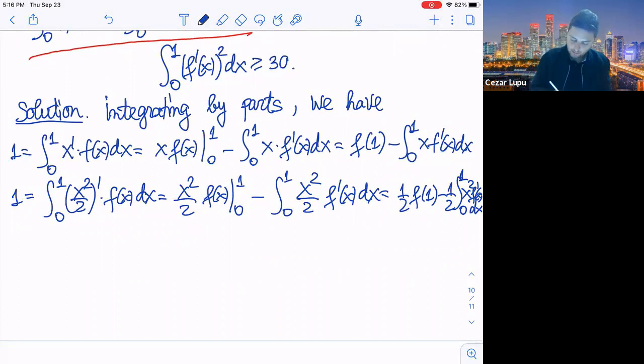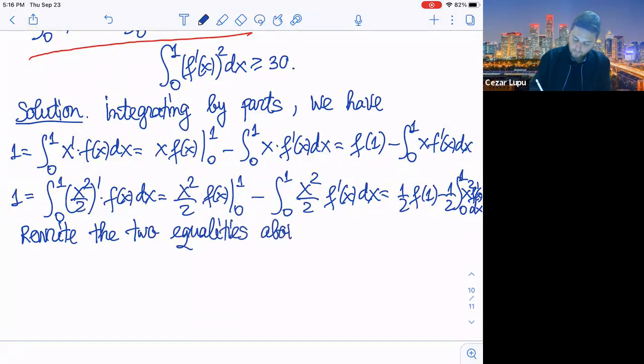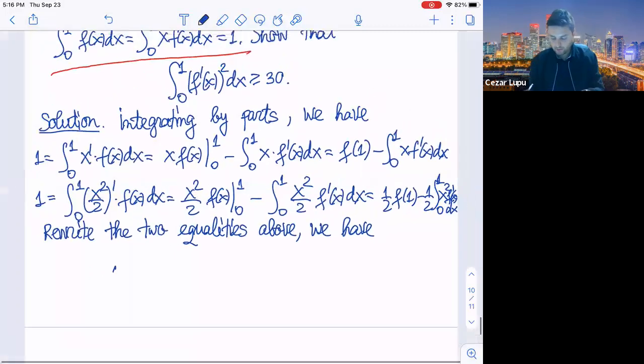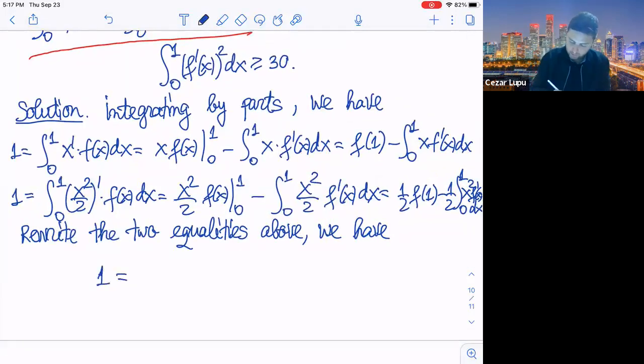But let me rewrite this a bit. If we rewrite the two equalities above, the first one is 1 equals f of 1 minus the integral from 0 to 1 of x f prime of x dx.